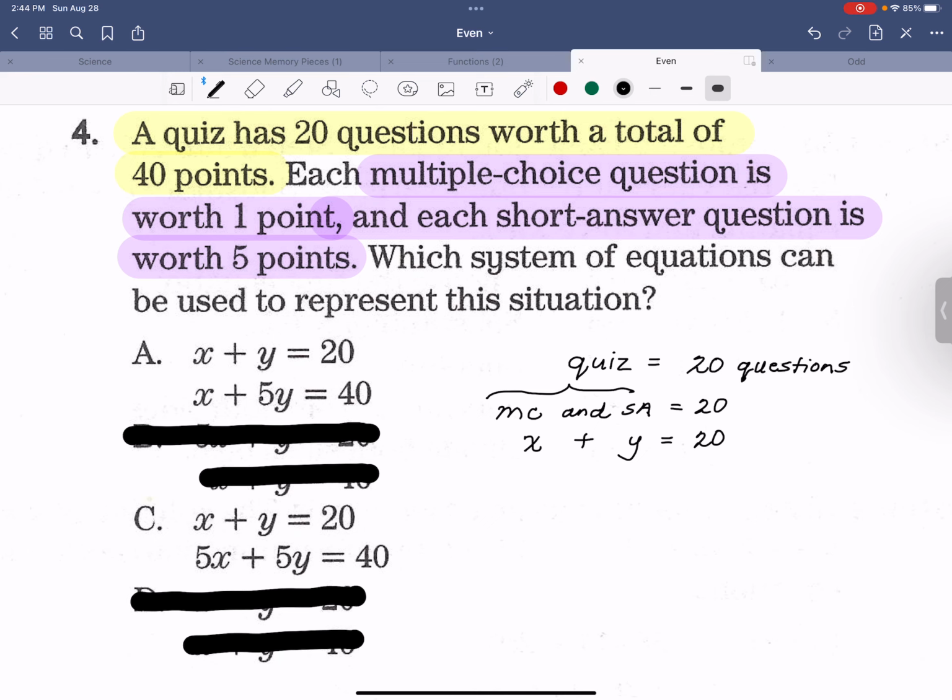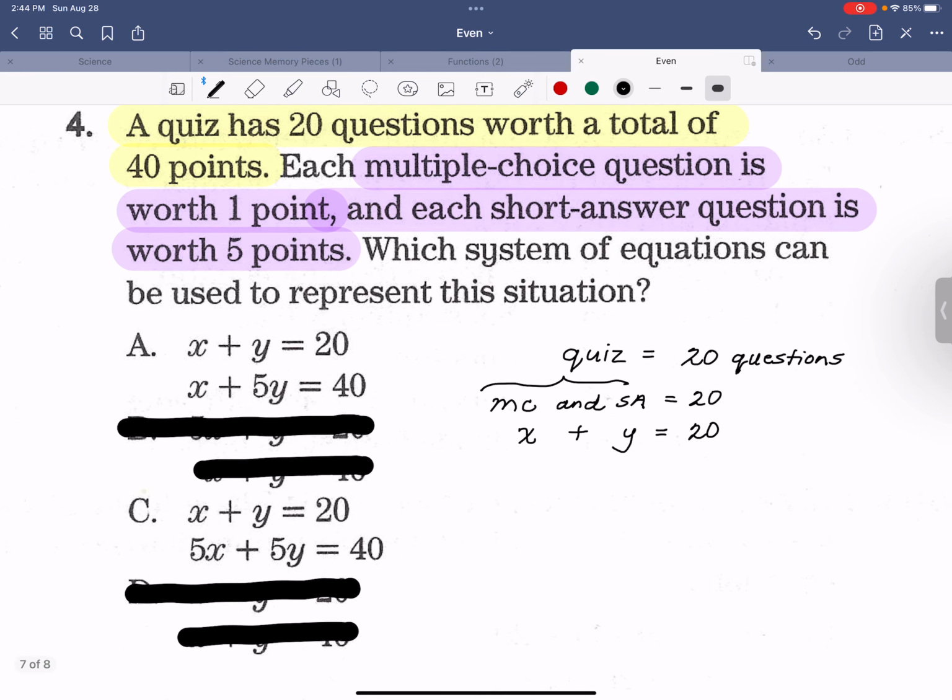So to know which it is, we need to take a look at the other part. This was the yellow part. And really, I need to change my highlighting a little bit. This should be purple because it goes with the actual point. 40 points matches up to 1 and 5, so those all go together. All right, so here comes the next part.